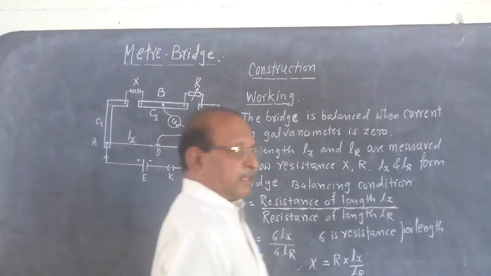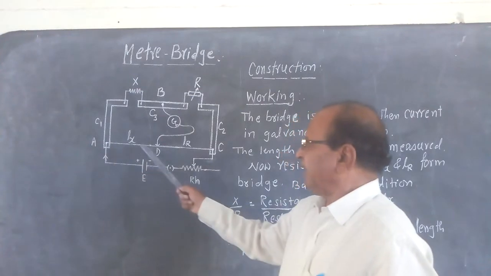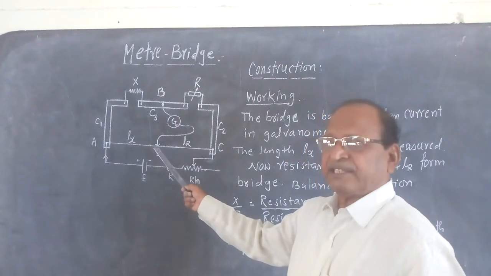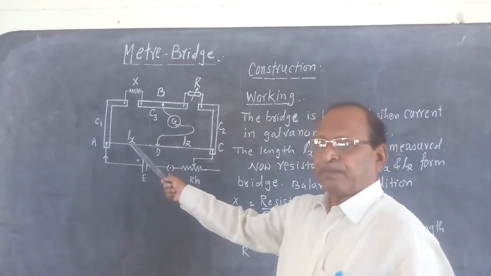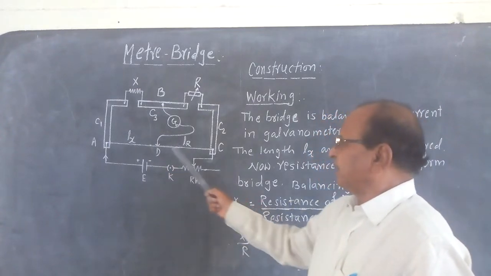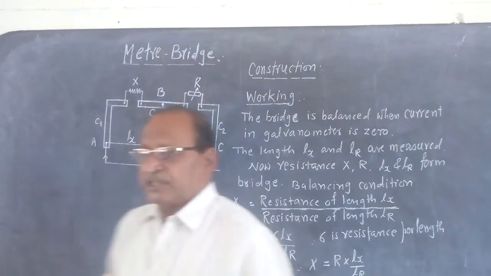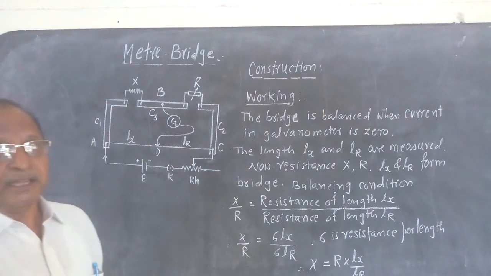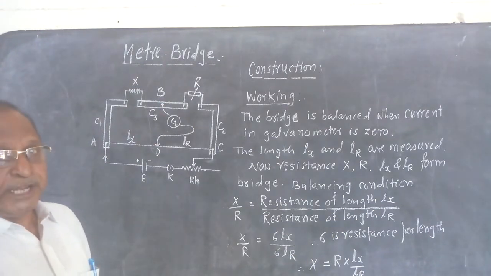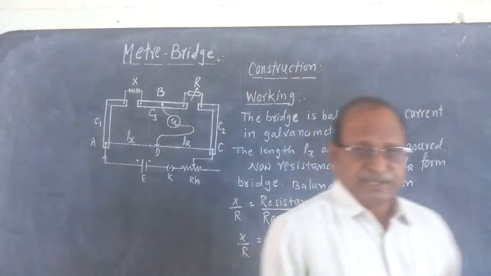Now measure the distance between the common point A and D, say that is Lx, and between point D and C, the distance is LR. These distances are measured on the meter scale which is kept below the wire AC.